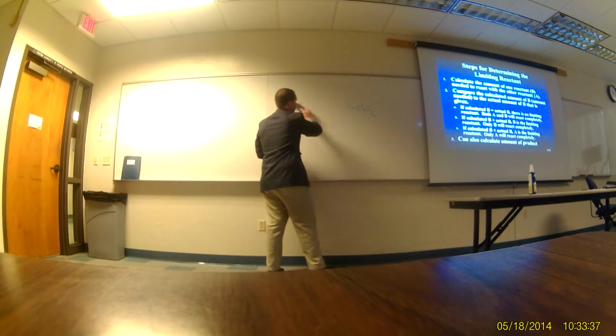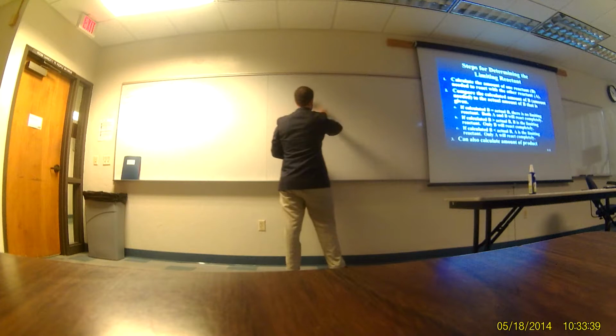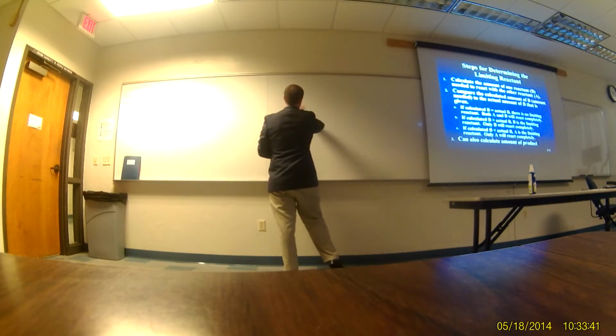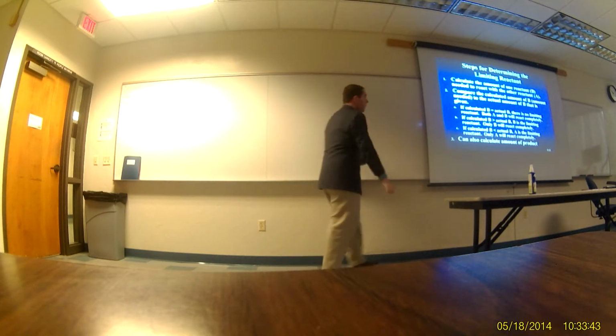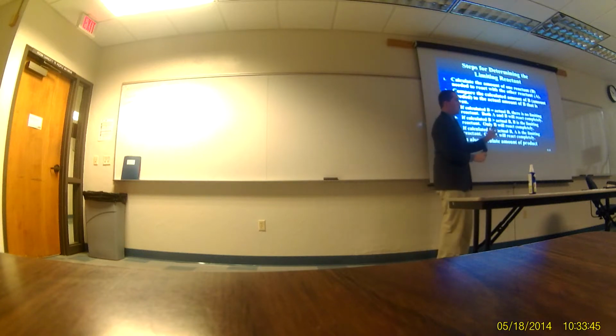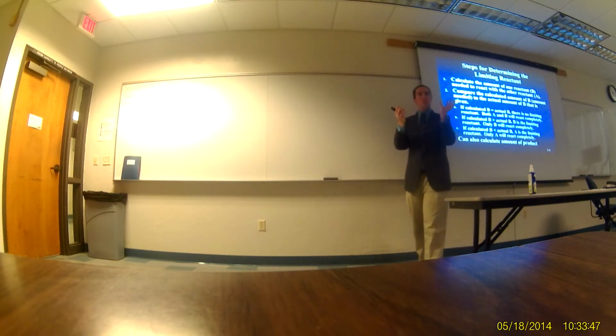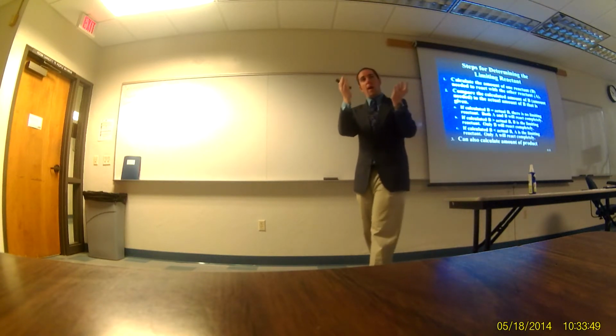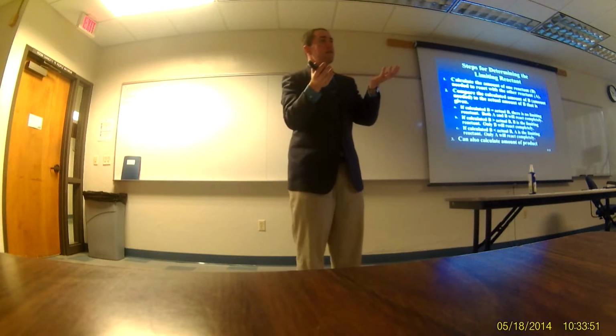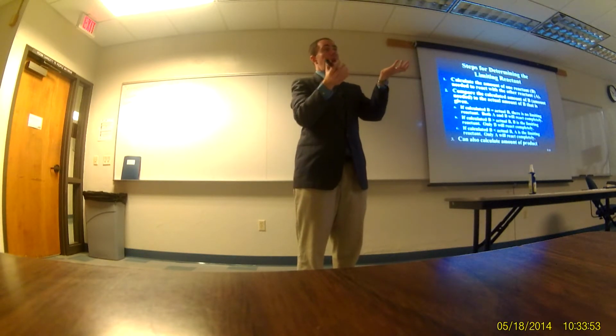So the first way to do it, and if this makes sense to you and you want to teach yourself how to do it, that's fine, allows you to, if you have X amount of reactant A and Y amount of reactant B, say if I have this much of A, how much of B do I need?